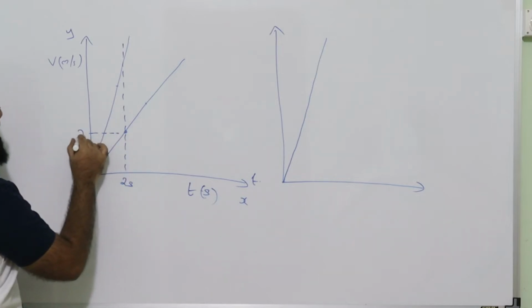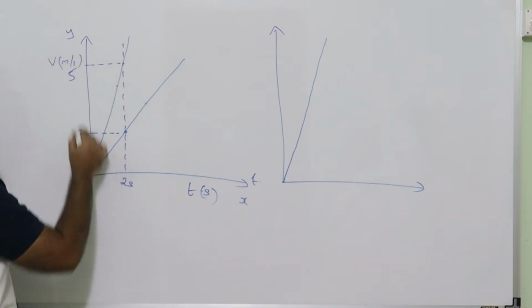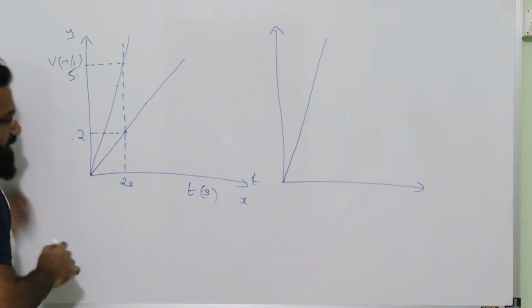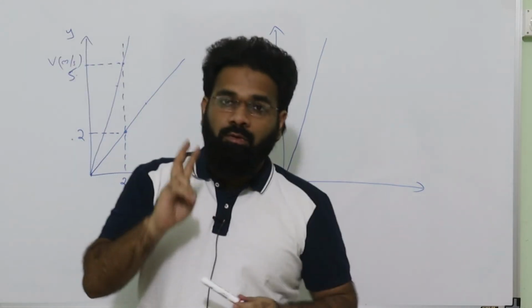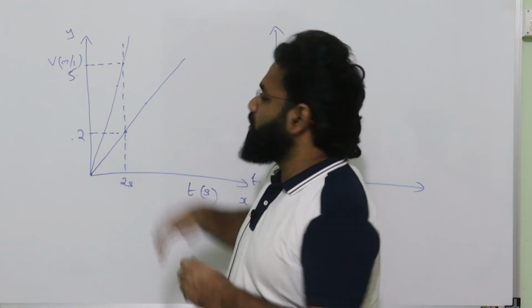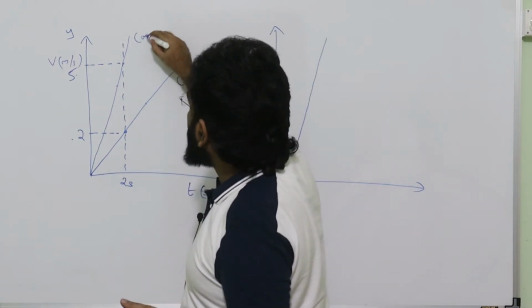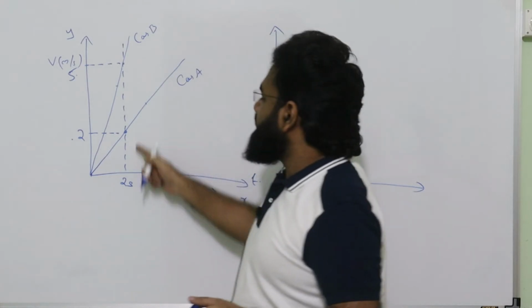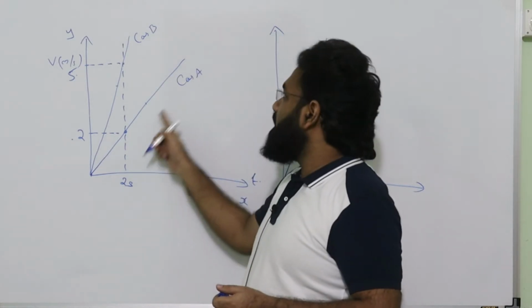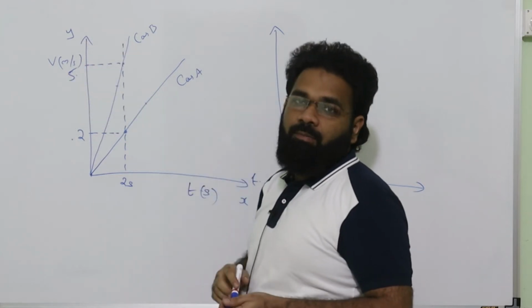This value will be 2 and this value will be 5, so 2 meter per second and 5 meter per second. If this is car A and this is car B, we can understand that at t equal to 2 seconds, the velocity of car A is 2 meter per second and the velocity of car B is 5 meter per second.